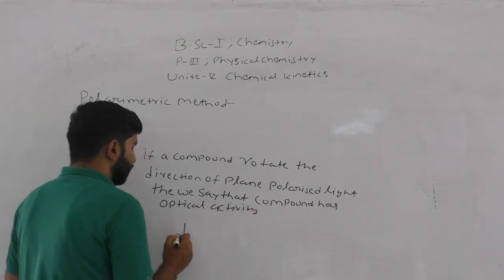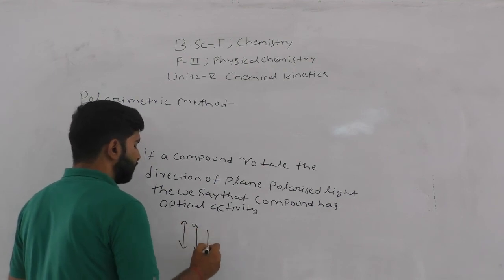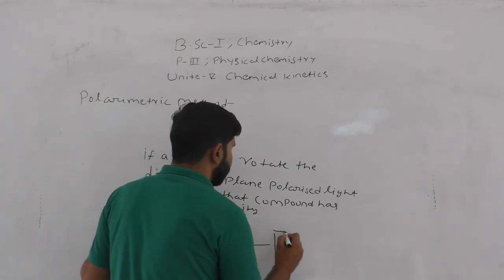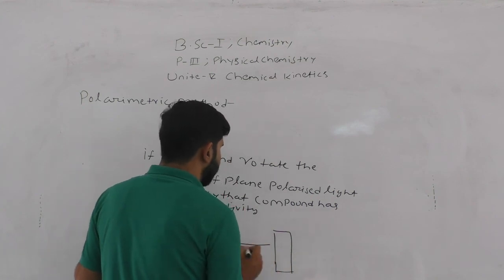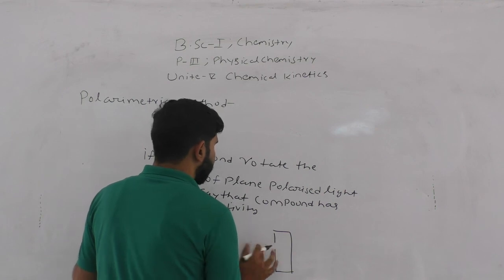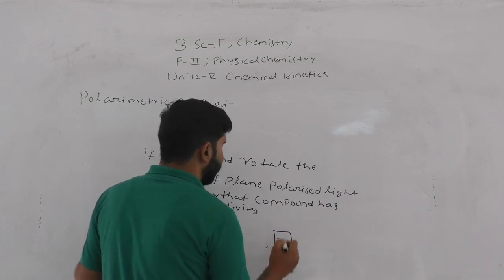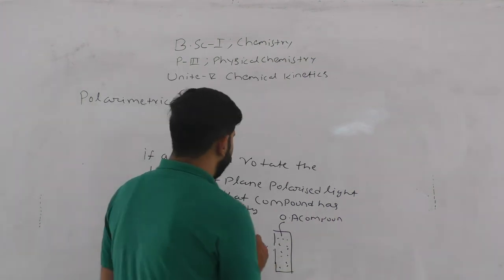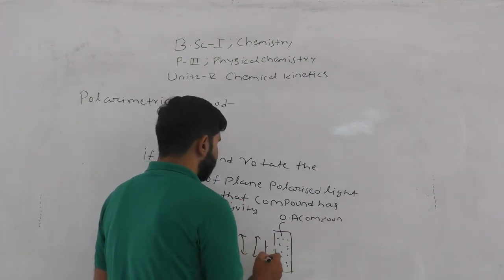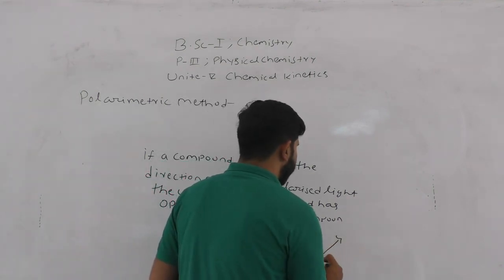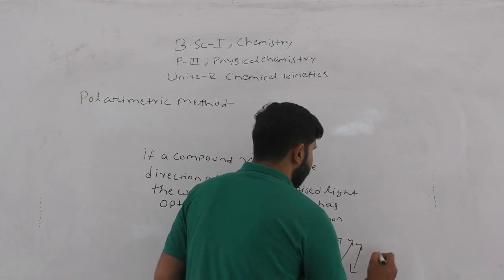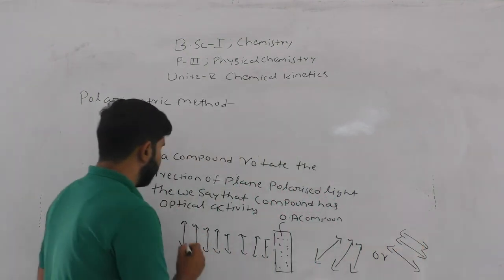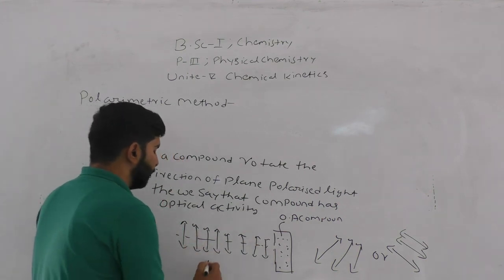Means if this is the PPL, plane polarized light, and if we pass this PPL through an optically active compound, then this compound rotates the direction of PPL in a clockwise direction or anti-clockwise direction.